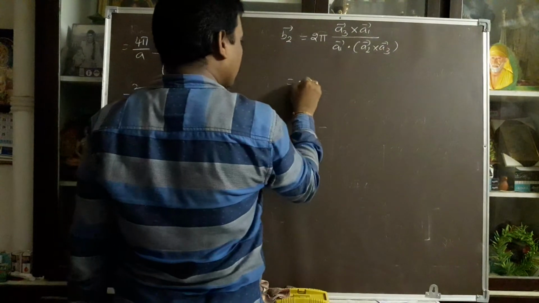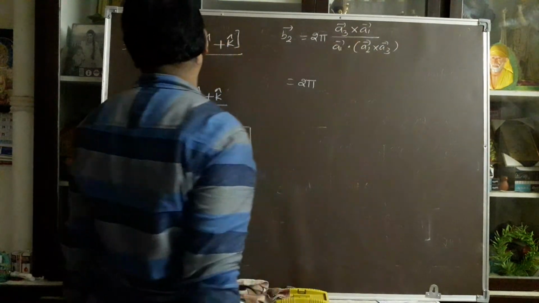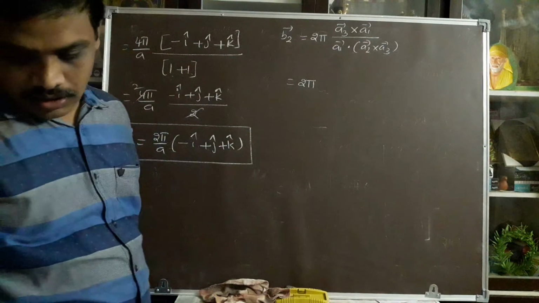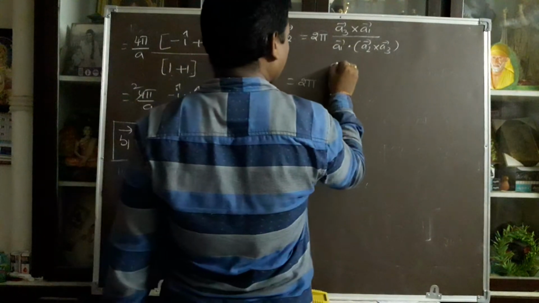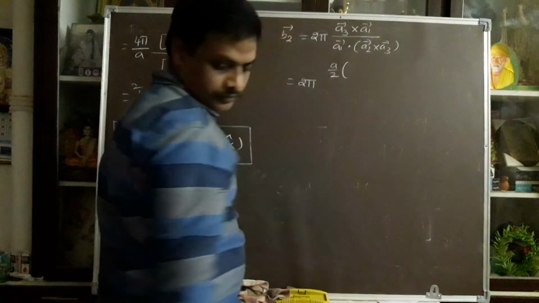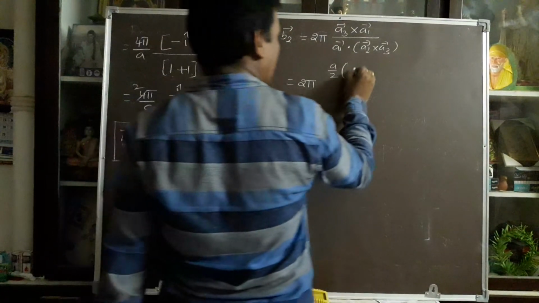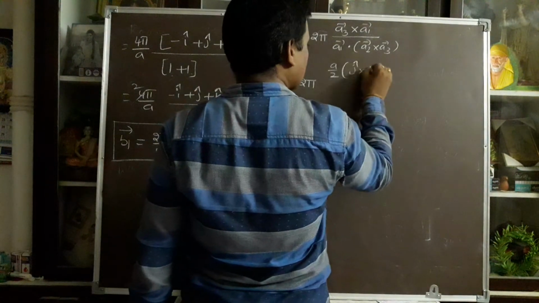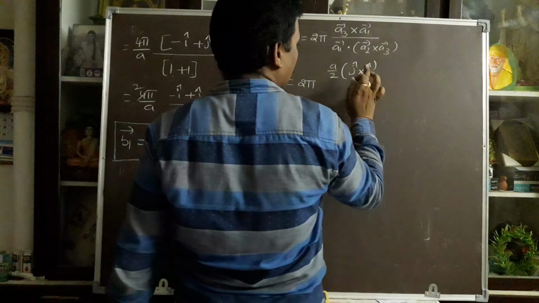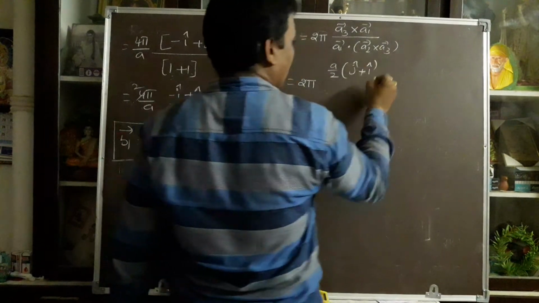So 2 pi into, what is a3? a3 is a/2 into (j cap plus i cap).